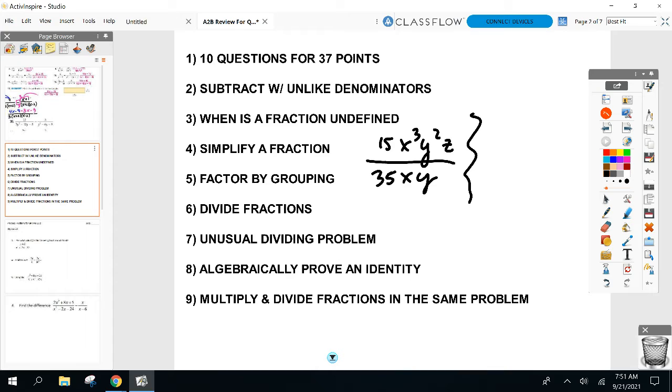Divide fractions. What do you have to remember with dividing fractions before you start? This fraction divided by this fraction. What do we have to remember? The one little trick. Not a trick, but flip the second fraction and change the division to multiplication. I also say there's an unusual dividing problem. Here's what I mean.